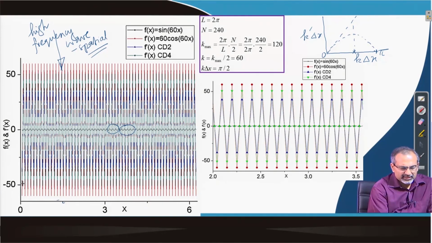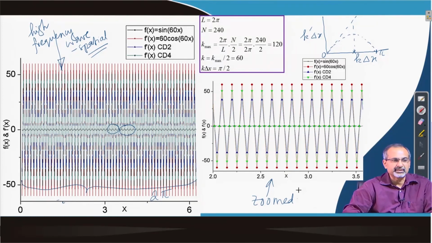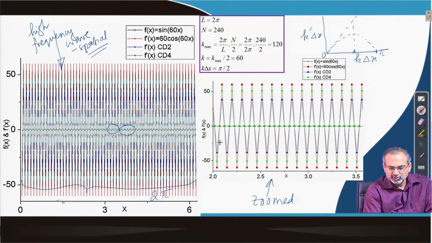Also remember that this continues to be the 2 pi interval, while this is showing you a zoomed view of only 1/4 of that interval, so that you can look at the features better. For that we have just chosen 1/4 of the total domain width, and therefore, we have chosen it as pi by 2.